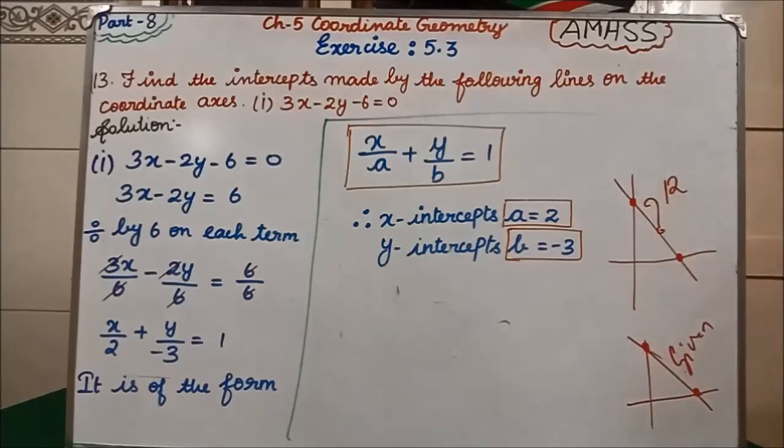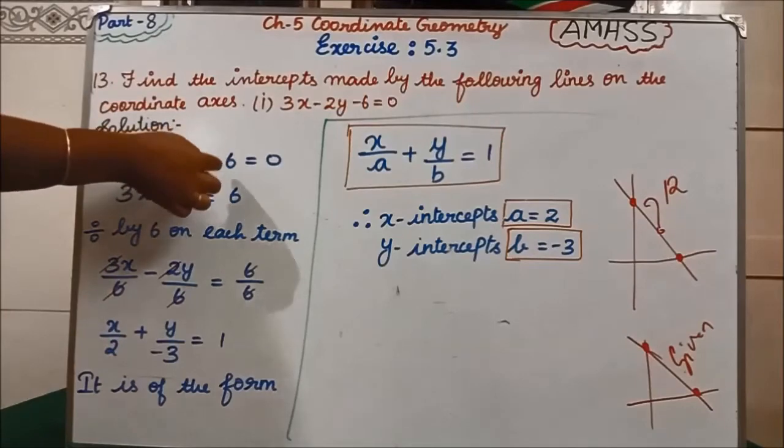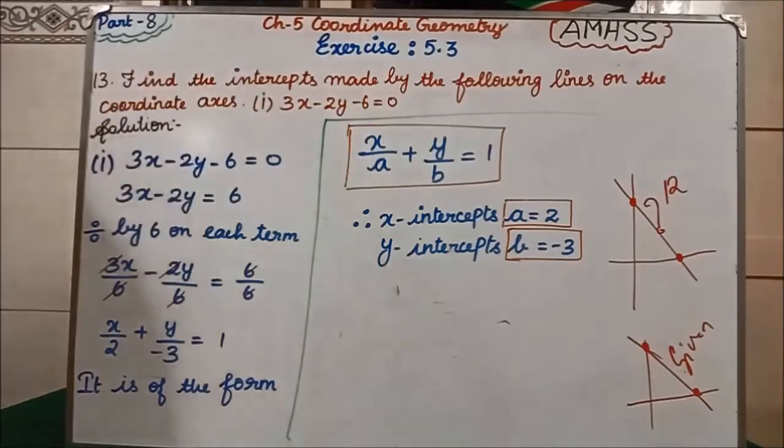So for that, how do we find the x intercept and y intercept? First you write the question: 3x minus 2y minus 6 is equal to 0. The first step is, whatever constant number you have, take that number to the right hand side.